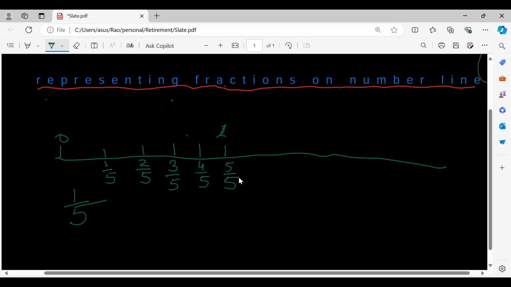You know well that 5 by 5 is equal to 1, and in a fraction the whole part is always considered to be 1, and that part is divided into smaller chunks.